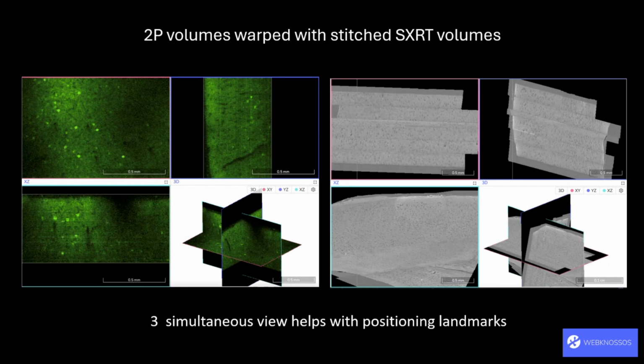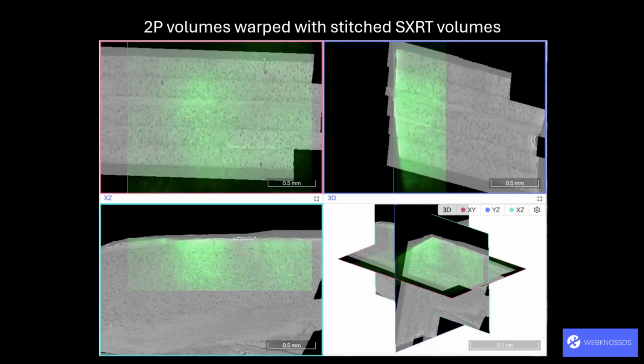We need to put the landmarks within the volume, and that's when the free simultaneous view came really handy. This is the outcome of the warping. The two volumes really nicely fit together, and you can even make out some active cells in one of the views.